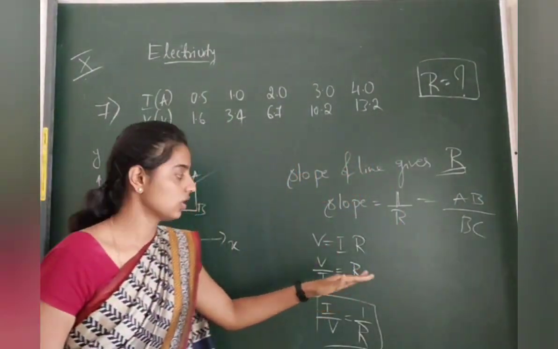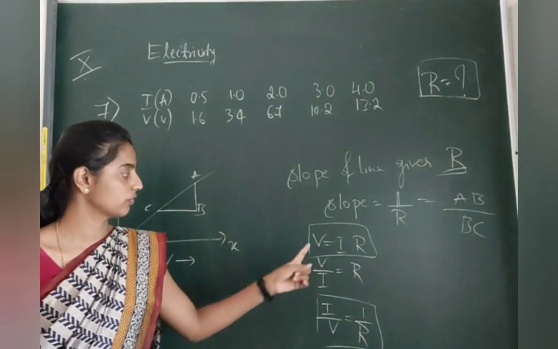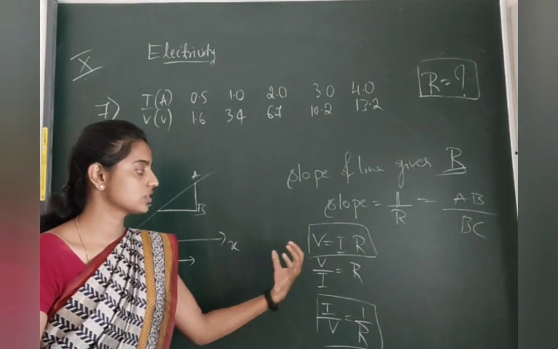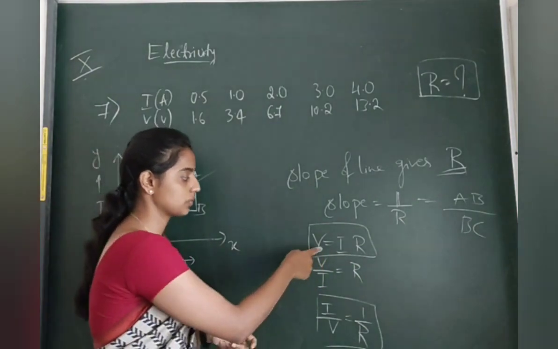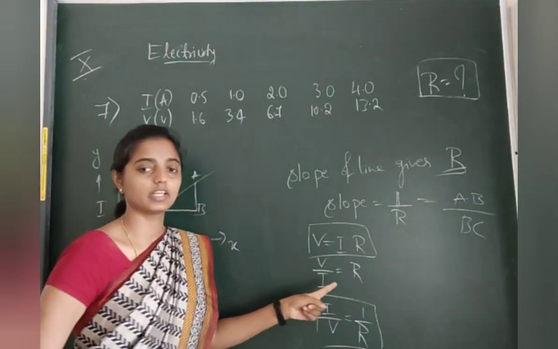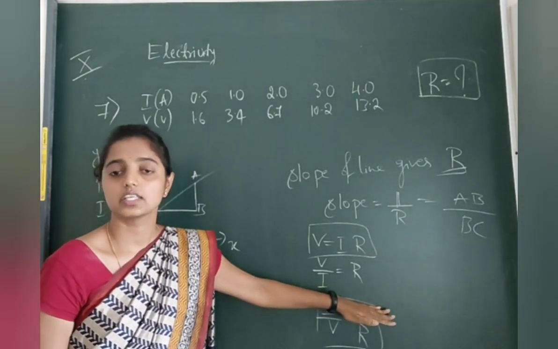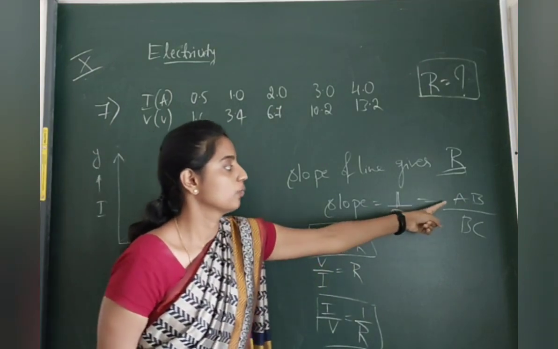So how did we get 1 by R? Again from Ohm's law we know that V is equal to IR, right? So V is equal to IR. Suppose I take R outside and take I below the numerator, by cross multiplication, that is V by I, is equal to R now. So V by I is equal to R. Now as I told, in the numerator, which value do we have?